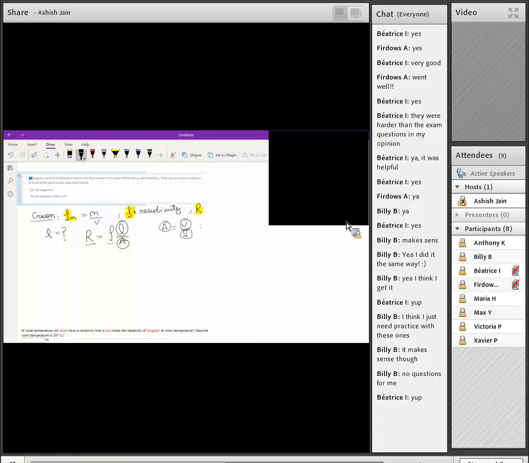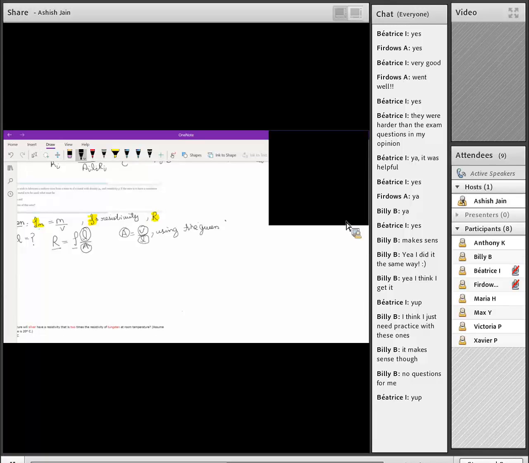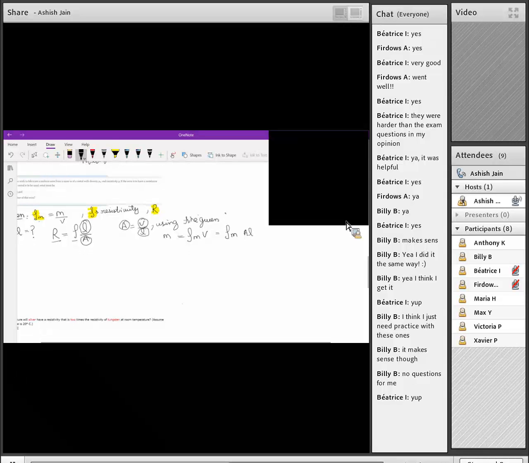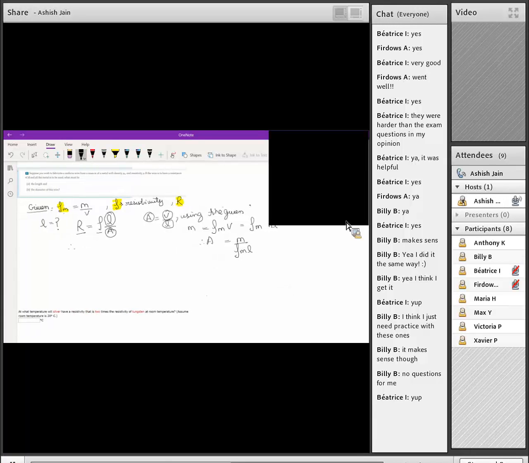Now using the given, mass is given as rho m into V, which can be written as rho m into A into L. From here I can find A. Therefore A is given as m by rho m into L.